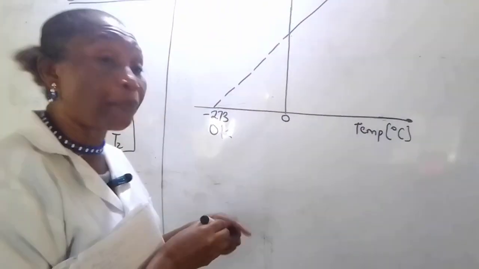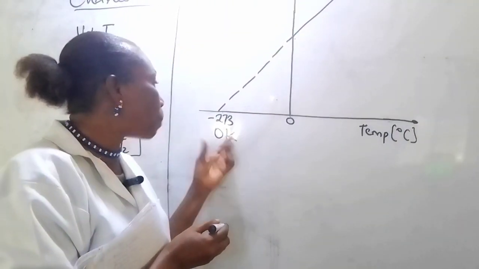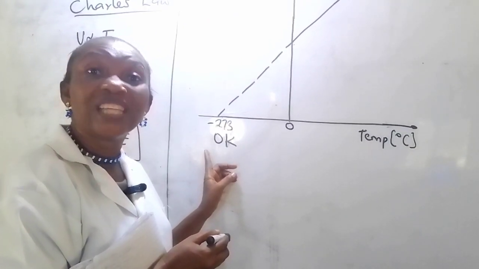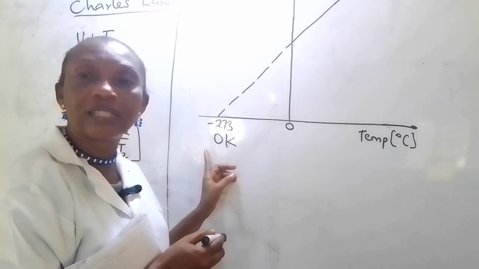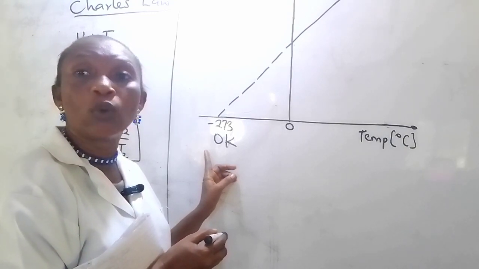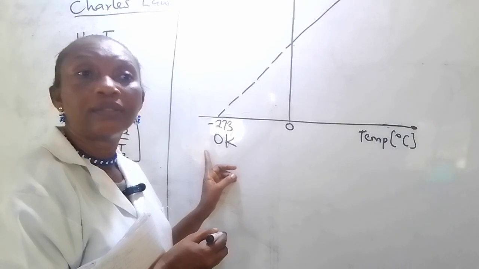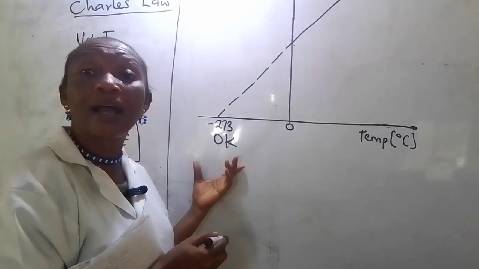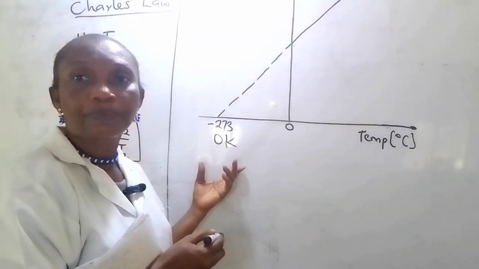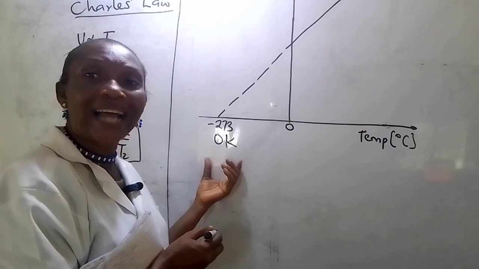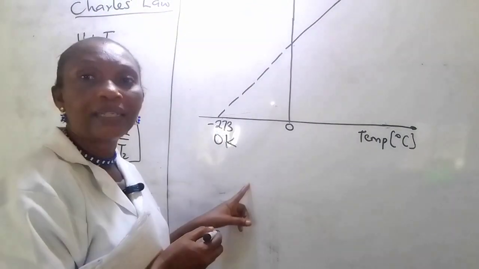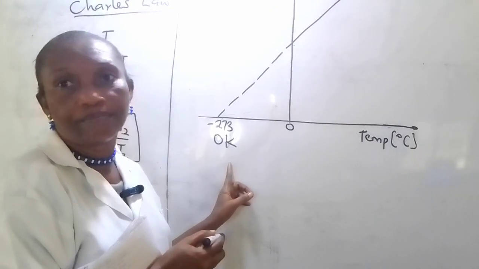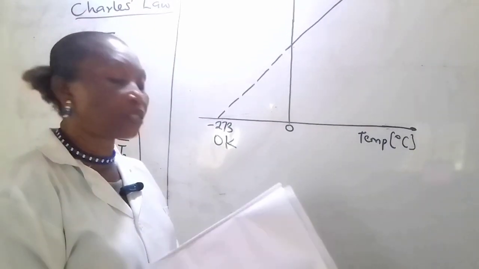At this particular temperature, the volume of every gas is 0 meter cube or 0 centimeter cube, whichever way you want to measure it, using either cubic centimeter or cubic meters. Every gas at minus 273 degrees centigrade or 0 Kelvin has no volume.